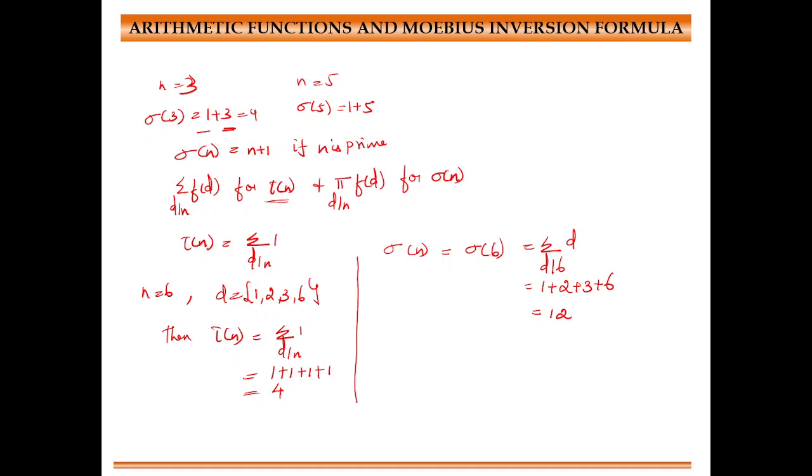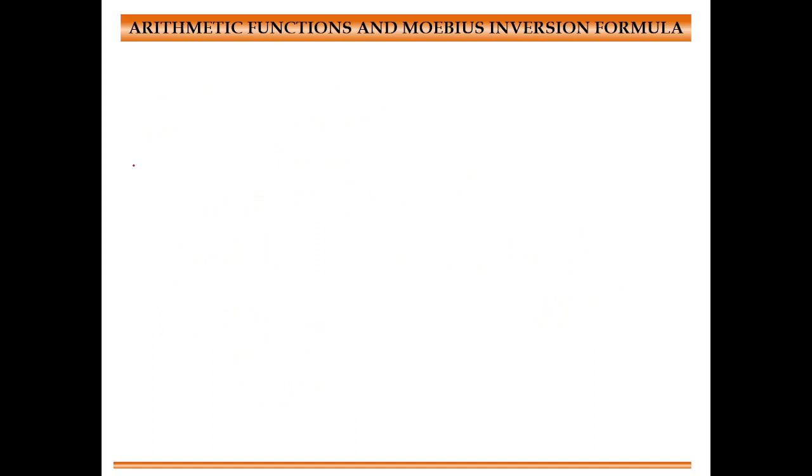For example, n is equal to 120. So we are writing this 120 in the prime factorization. That is, 120 is equal to 2 cube into 3 power 1 into 5 power 1.